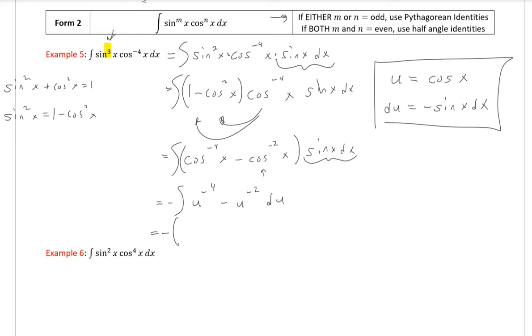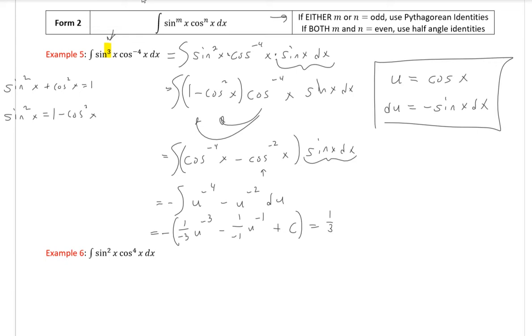U to the negative fourth will increase to u to the negative 3, and then I will do 1 over negative 3. Minus u to the negative 2 becomes u to the negative 1, and then I have 1 over negative 1 there. And then plus c. So overall, this negative will become positive, so I get 1/3.